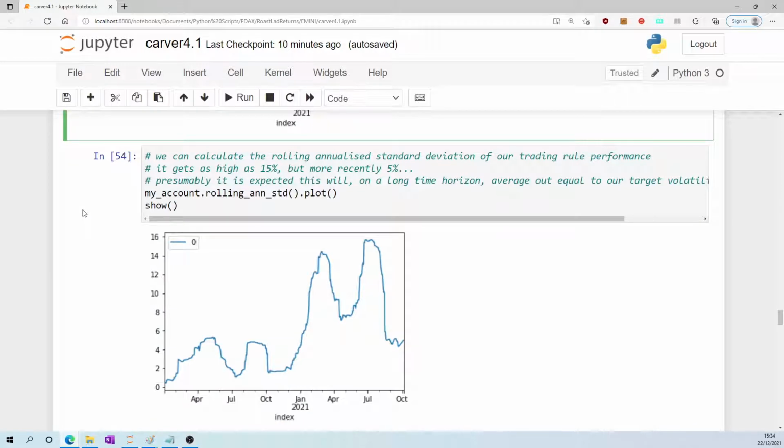We can calculate the rolling annualized standard deviation of my account and plot it, and it reaches a high of around 15%. More recently it is down at 5%. Presumably, it is expected that given enough time, this curve would fluctuate around an average of 16%. Why 16%?